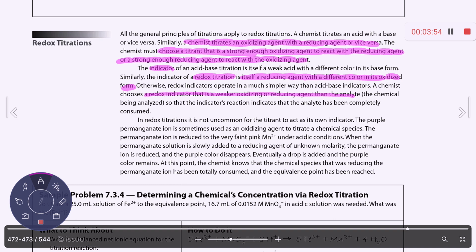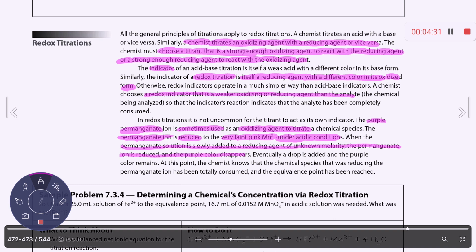And then let's come down here. Purple permanganate is sometimes used as an oxidizing agent to titrate with. What happens is the permanganate ion is reduced to a very faint pink Mn+2 under acidic conditions. I recommend you earmark this page so that you can refer to it when you're doing the lab. When the permanganate solution is slowly added to a reducing agent of unknown molarity, the permanganate ion is reduced and the purple color disappears.